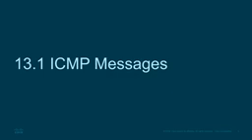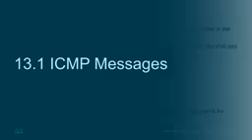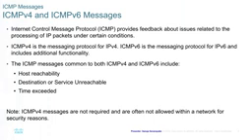ICMP messages. The ICMP version 4 and ICMP version 6 messages. The Internet Control Message Protocol, also known as ICMP, provides feedback about issues related to the processing of IP packets under certain conditions.